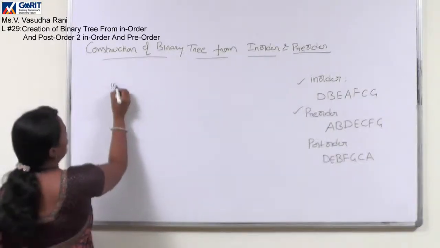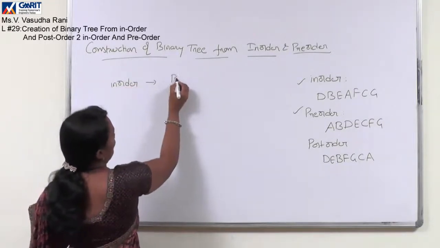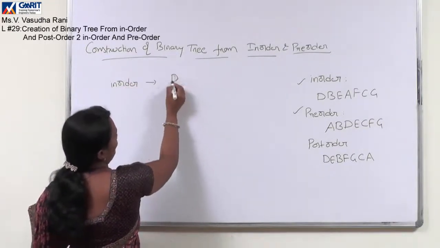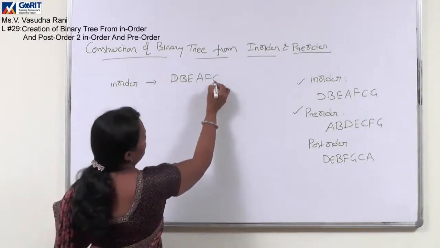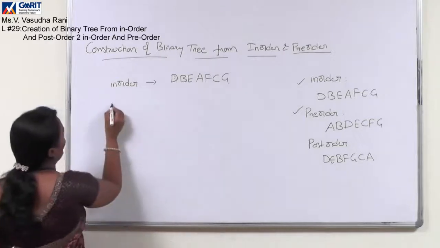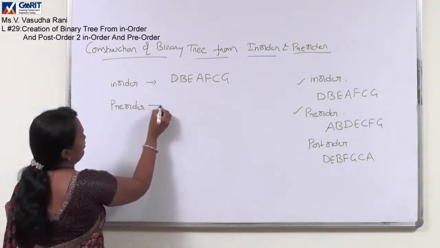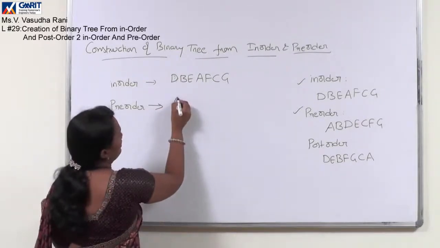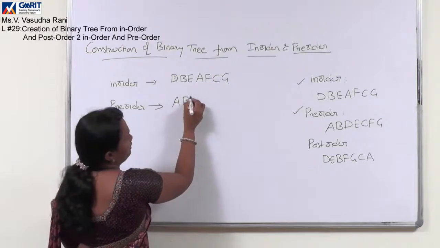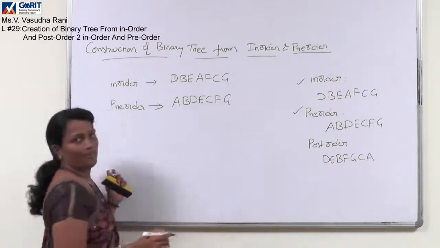We have the in-order traversal sequence for a particular binary tree. It is D, B, E, A, F, C, G, and we are taking the pre-order, the combination of in-order and pre-order, for the construction of the binary tree. It is A, B, D, E, C, F, G.